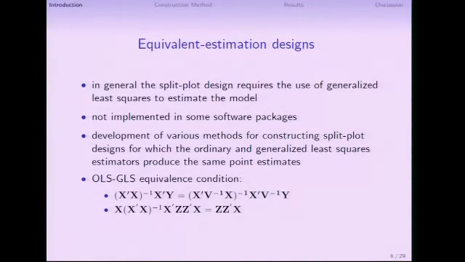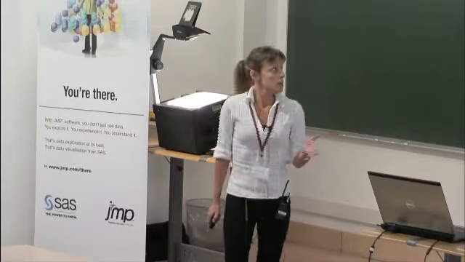But this method is still not implemented in some statistical software packages for industrial experiments. So this explains why some experimenters developed various methods for constructing split plot designs for which the ordinary and generalized least squares estimators produce the same point estimates.